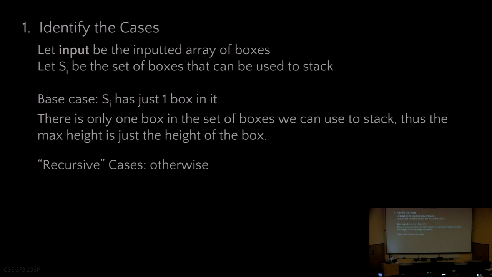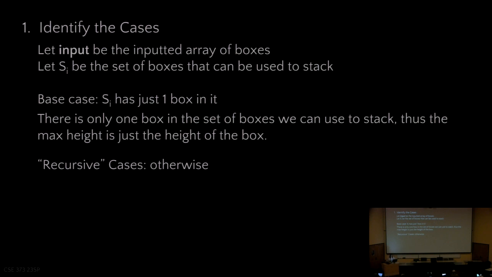stack. So the other way I want you guys to think about recursive cases is we have this set of boxes that we already know the answer to. We already know what the max height can be with this set of boxes. Now, if we're adding one more box to that, how does the answer that we know for this set change?